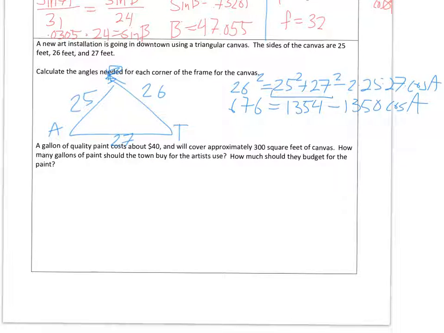Since we have a cosine A attached through multiplication to this 1350, we cannot, no matter how much we want, combine those numbers. So what I'm going to do is get this cosine part by itself by subtracting 1354. And in doing that, 676 minus 1354, we end up with negative 678 is equal to negative 1350 cosine A. I can now divide both sides by negative 1350.